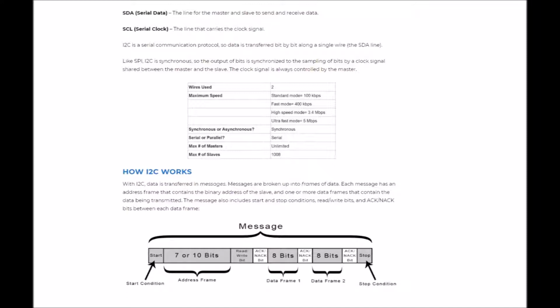Wires used: 2. Maximum speed. Standard mode: 100 kilobits per second. Fast mode: 400 kilobits per second. High speed mode: 3.4 megabits per second. Ultrafast mode: 5 megabits per second. Synchronous or asynchronous?